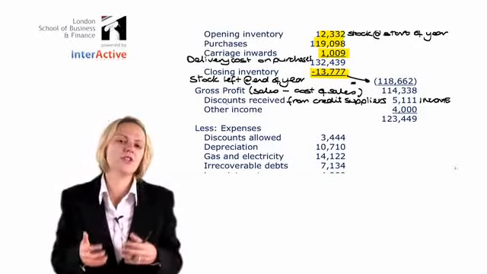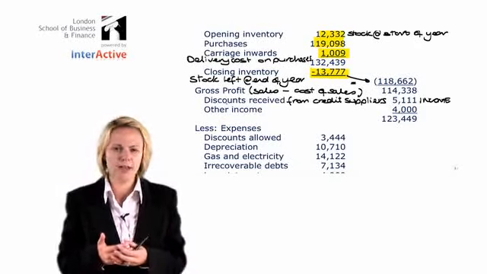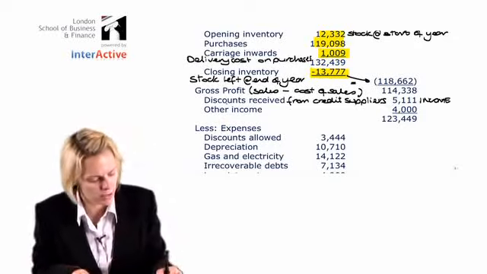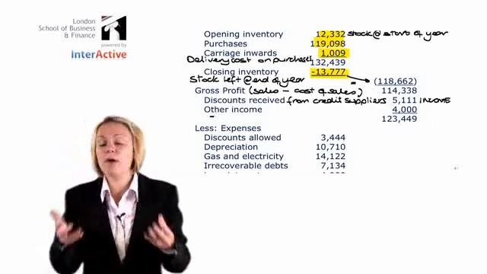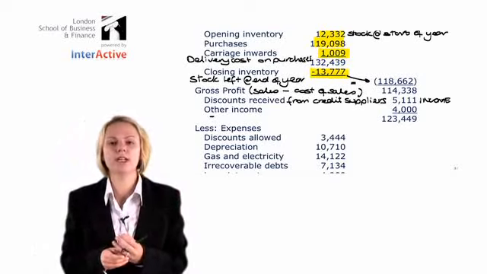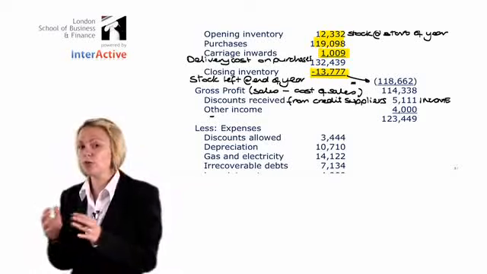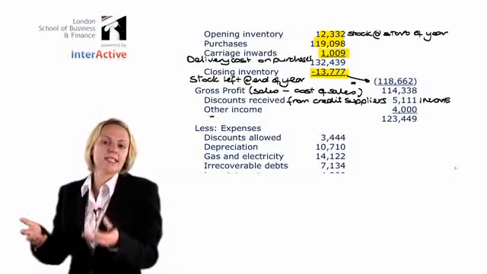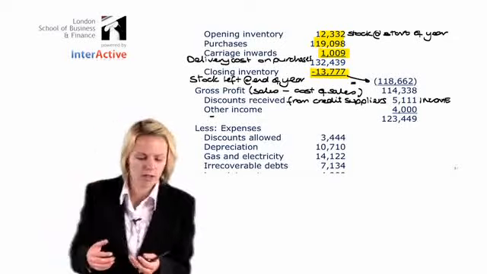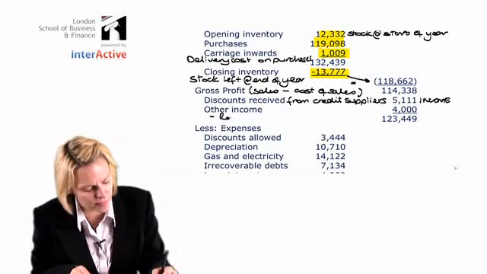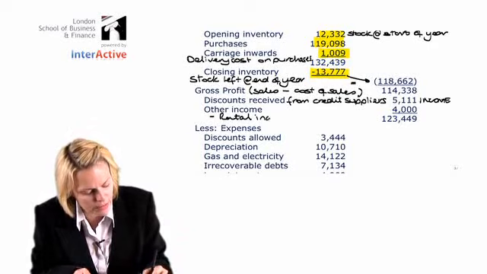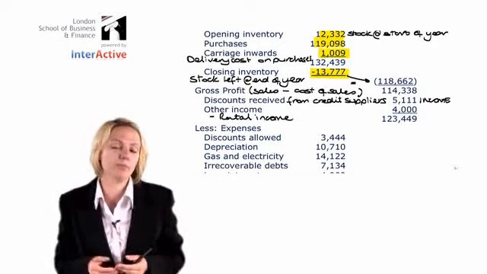But we could also have some other forms of income that is not your main sales revenue. So maybe you have a property on your books, okay? And you're a manufacturing entity, but the property that you have, you don't use it in your business, you rent it out to some tenants instead as an investment property. Well, any rental income that you get from that would not be your main sales income, but that would be an example of other income.